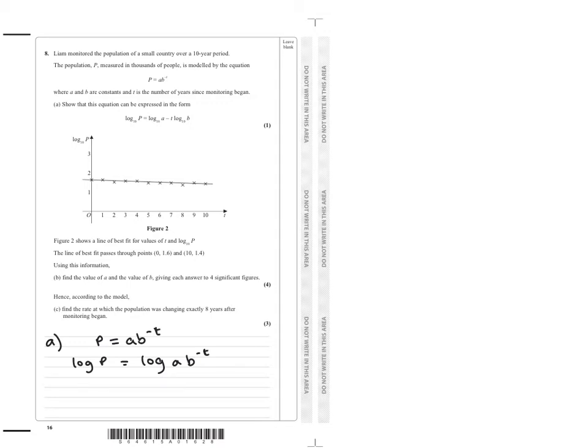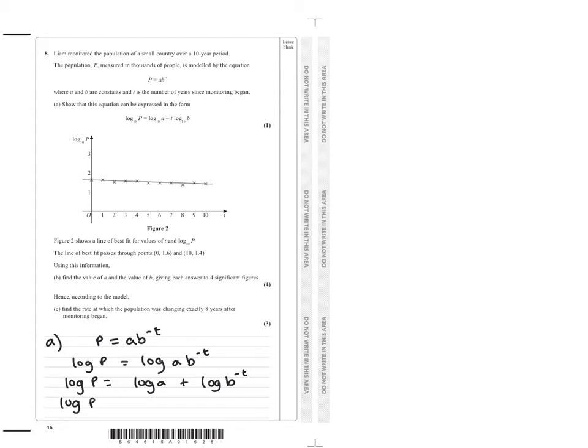Okay, and then what do we know about log laws? When we multiply, we actually add. So we're going to get log P equals log of A plus log of B to the minus t. When we have a log to the power, we can multiply that power, bring it down.